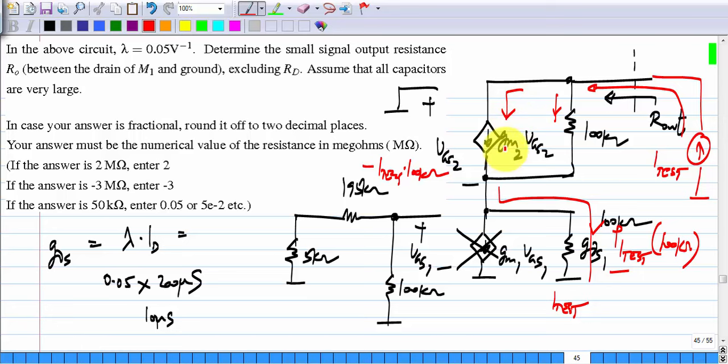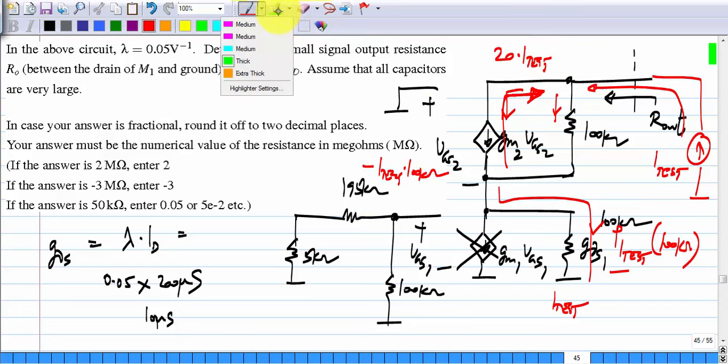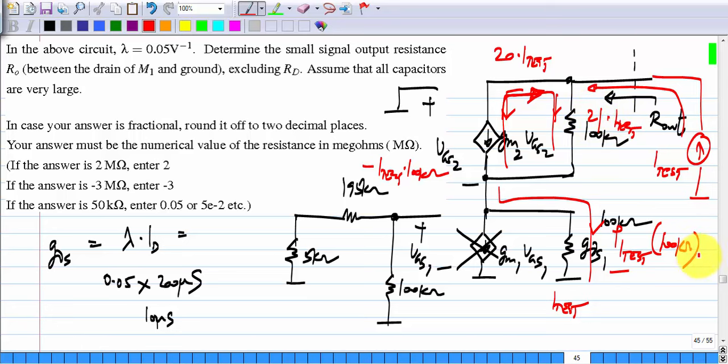GM2 VGS2 will be in this direction because of this negative sign, and it will be basically 20 times I test. GM2 is 200 microsiemens multiplied by I test times 100 kilo ohms. So the total current here is 21 times I test.